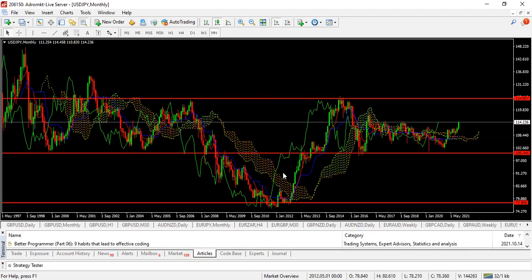So when you put the Ichimoku Kinko Hyo indicator on your screen, look what's going on here. And I'm not knocking Ichimoku. It's nice because there are persons who profit a lot using it, because if you know the rules, when price is above the Ichimoku cloud, it's a buyer's market, and when it's beneath, it's a seller's market.